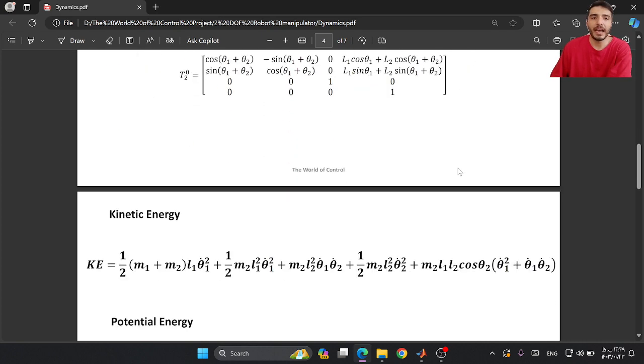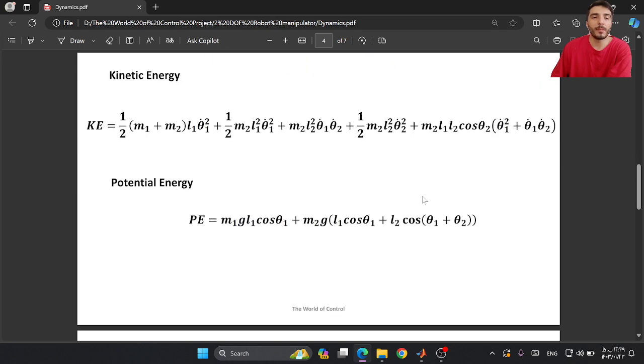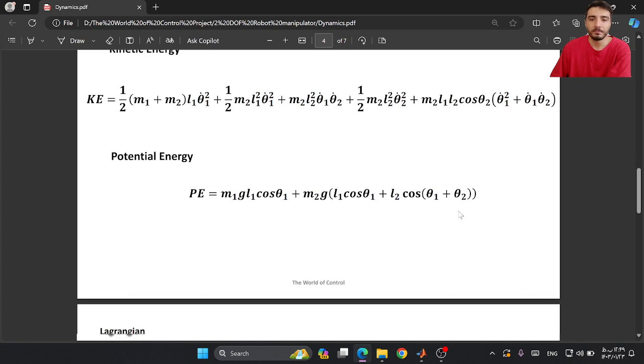Okay, after that, we need to write the kinetic energy. We can write the kinetic energy of our system like this equation here, and after that our potential energy that you can see in this slide here, PE is equal to some terms here.